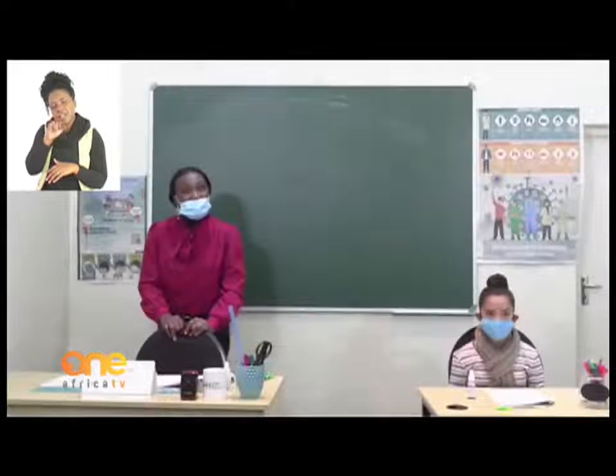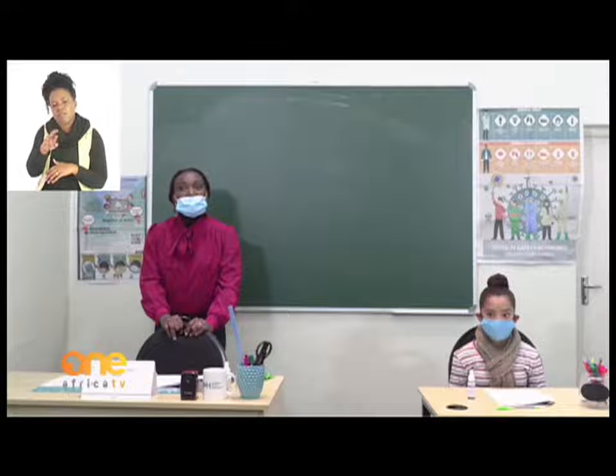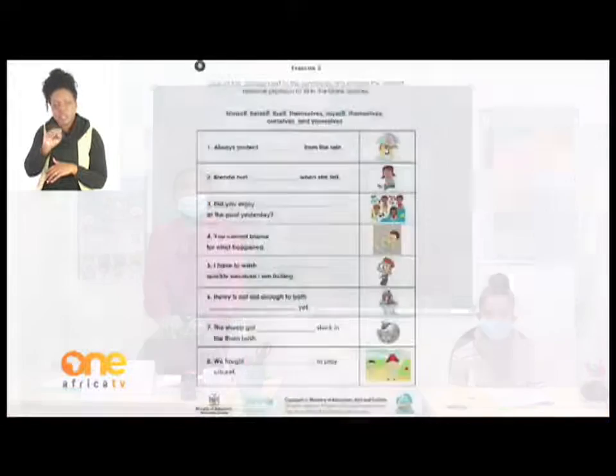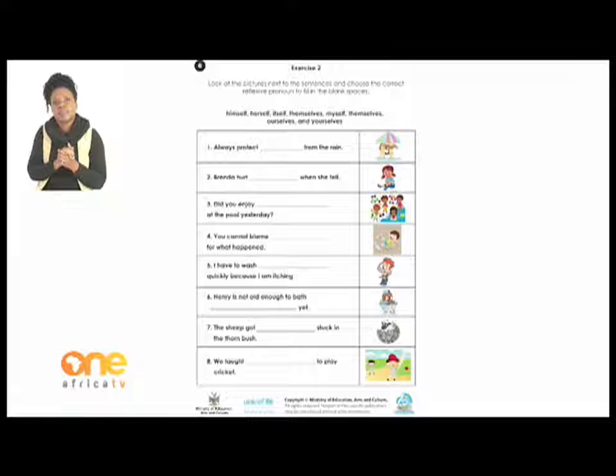On page 6, there is exercise 2. Exercise 2, the instruction says, look at the pictures next to the sentences and choose the correct reflexive pronoun to fill in the blank spaces.